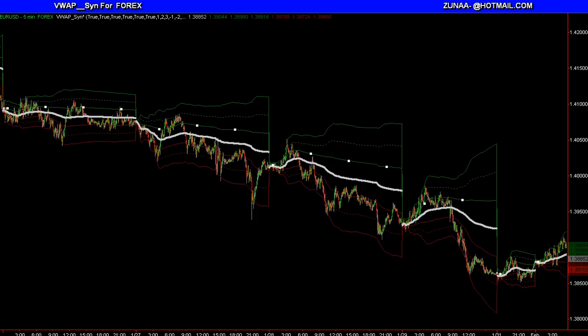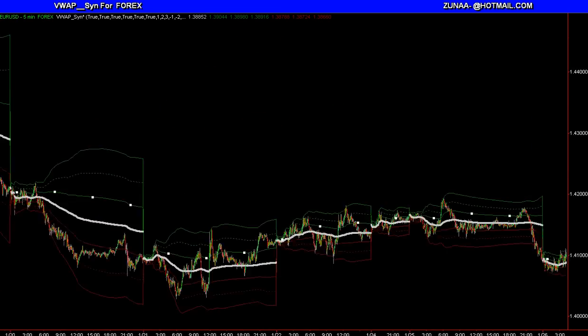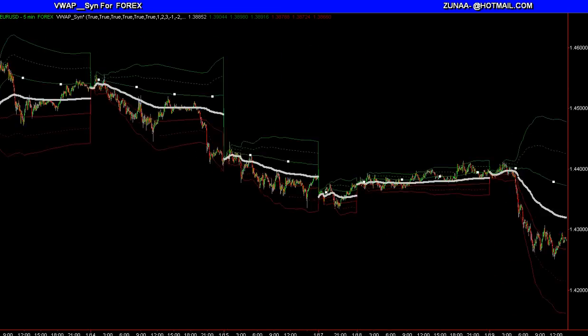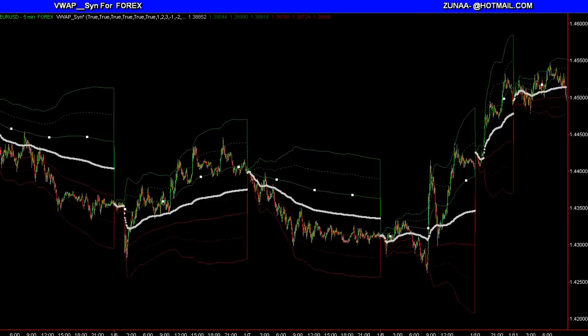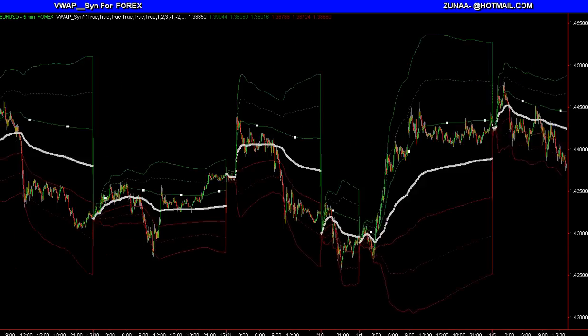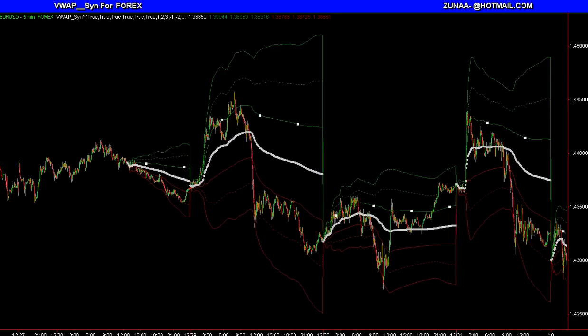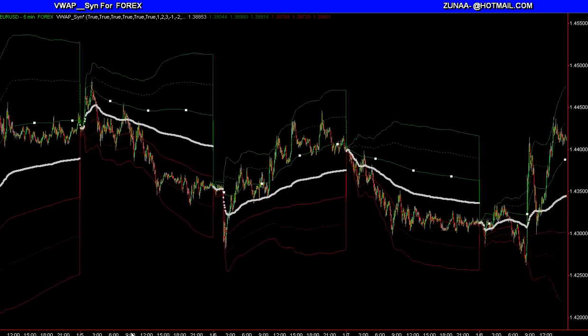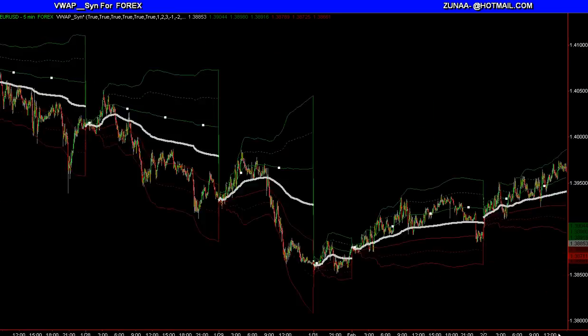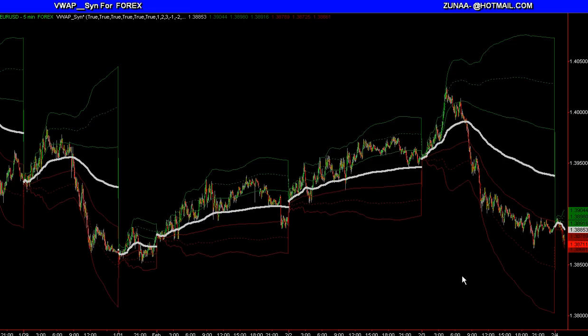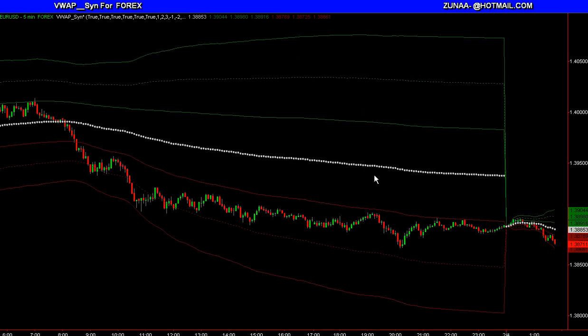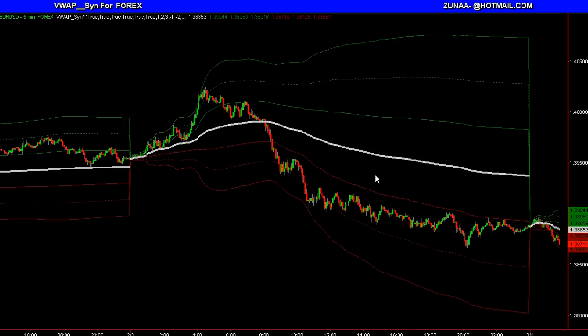There's several days. So for those traders watching this, that at the core of your trading plan, the volume weighted average price indicator is something that you use, then you can indeed have that if you're a TradeStation user.